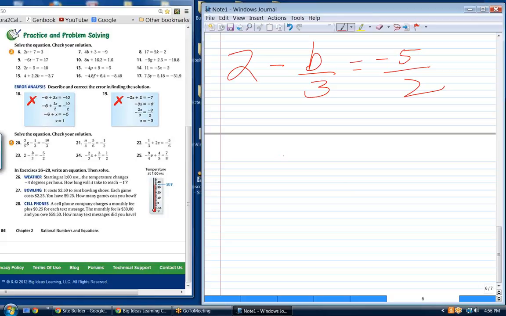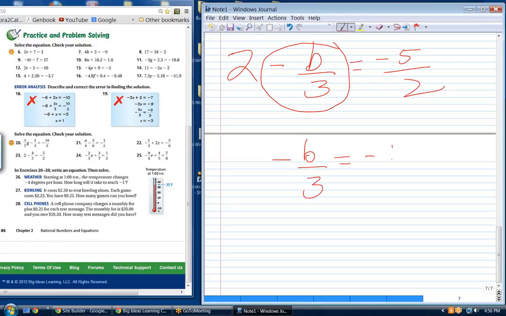4 times b over 3 equals negative 1/2. B over 3 or negative B over 3? Negative b over 3. You cannot drop that negative sign, remember. When you move the 2 to the right side, you haven't affected that negative sign at all, so it's still there. Equals what?